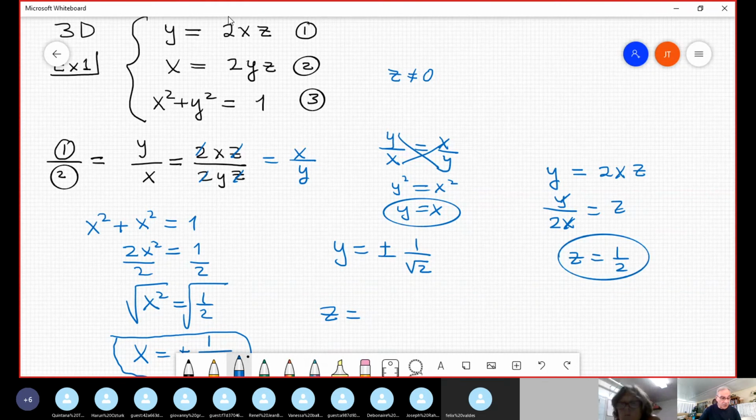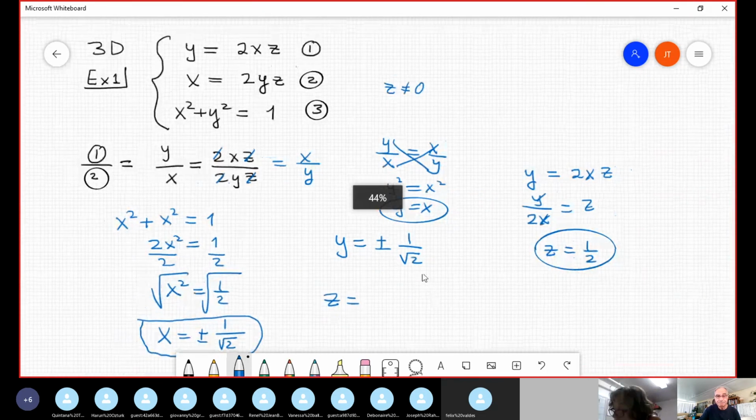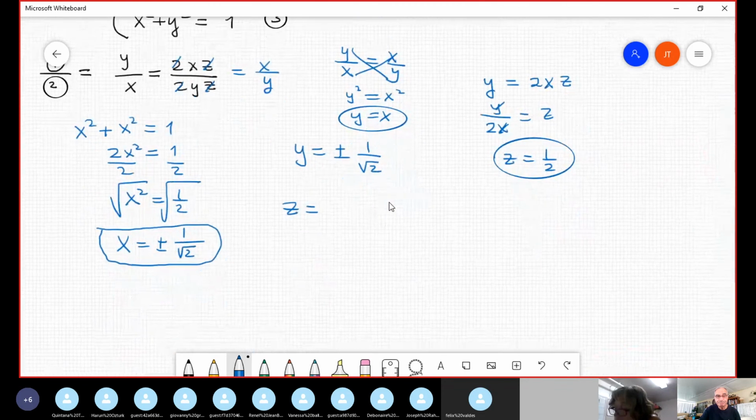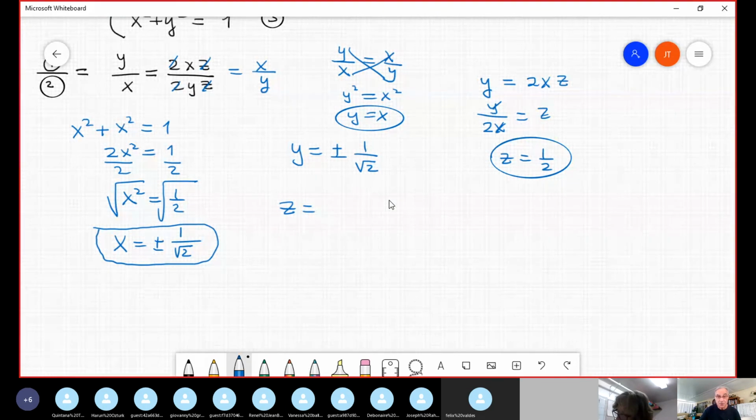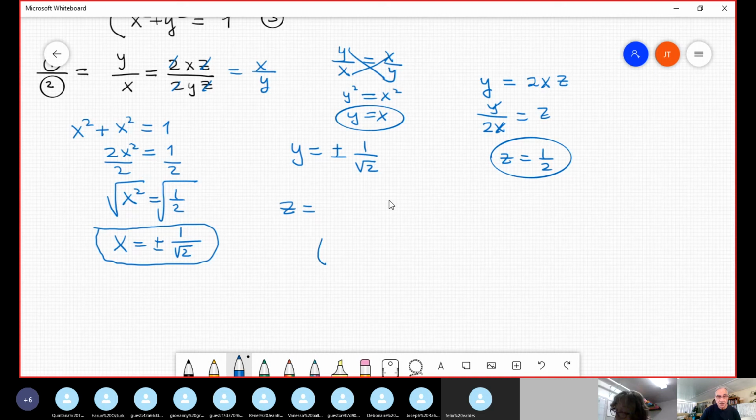Wow. So how many points do we have in total? How many solution points in 3D? Well, I suppose 4, no? What are the 4 points? Well, let me represent it like this: plus or minus 1 over radical 2, comma, plus or minus 1 over radical 2, comma, 1/2 positive. 1, 2, 3, and 4 points.